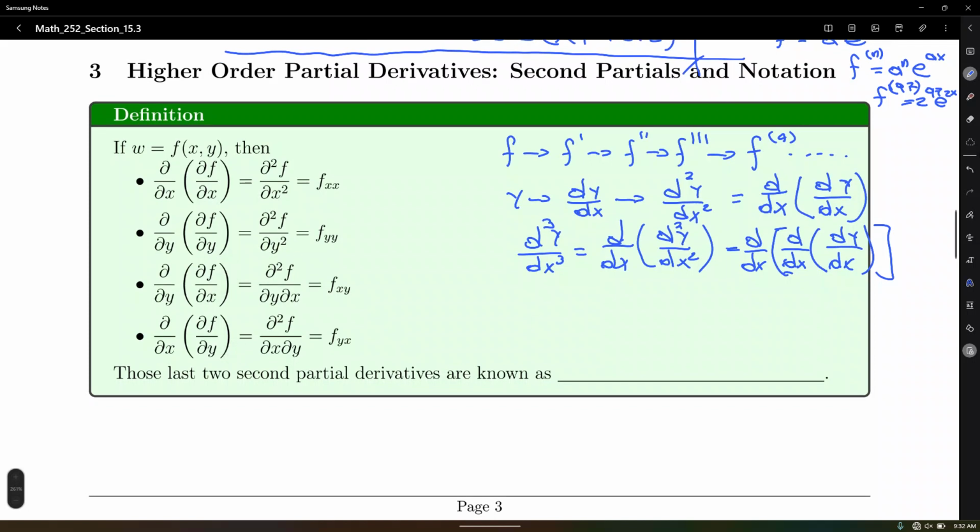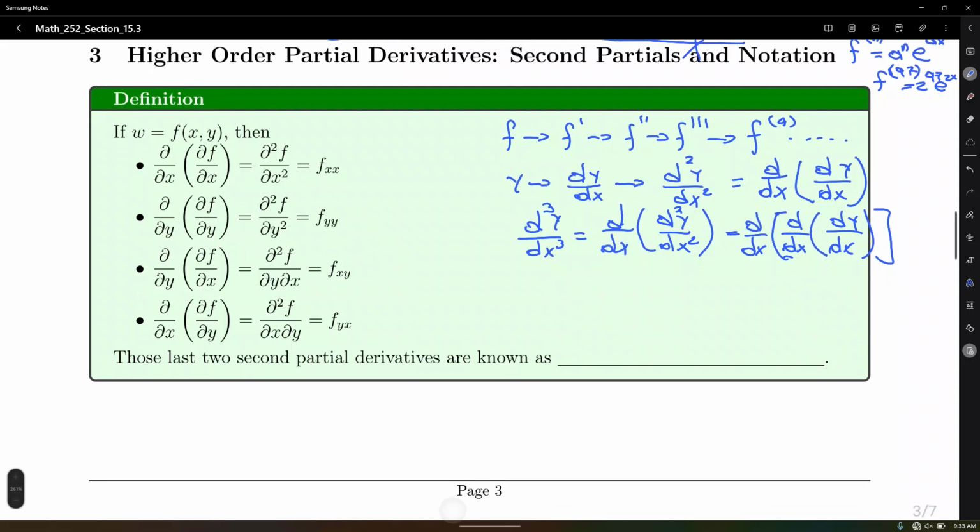Same if we differentiate twice with respect to y. Now you need to be careful, because if you do, say, first with respect to x, then with respect to y, or vice versa, depending on the notation, you need to be careful with the order you write each one of them. For instance, this is the symbol to find the derivative first with respect to x and then with respect to y. You need to notice how in this case we're doing this one first and then we do this one.